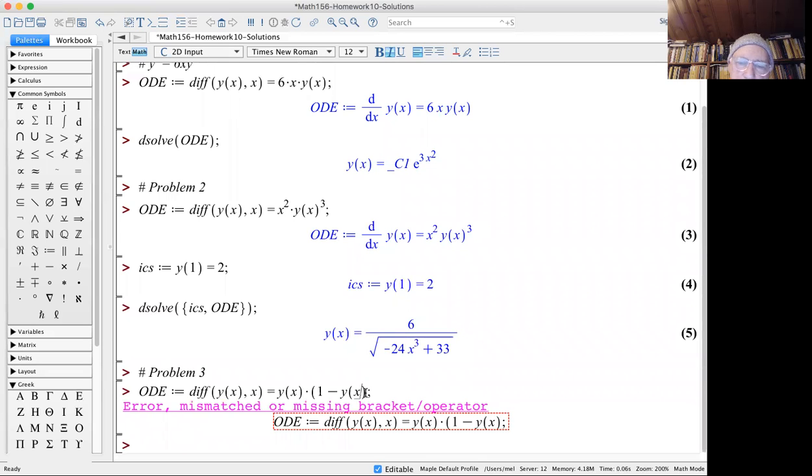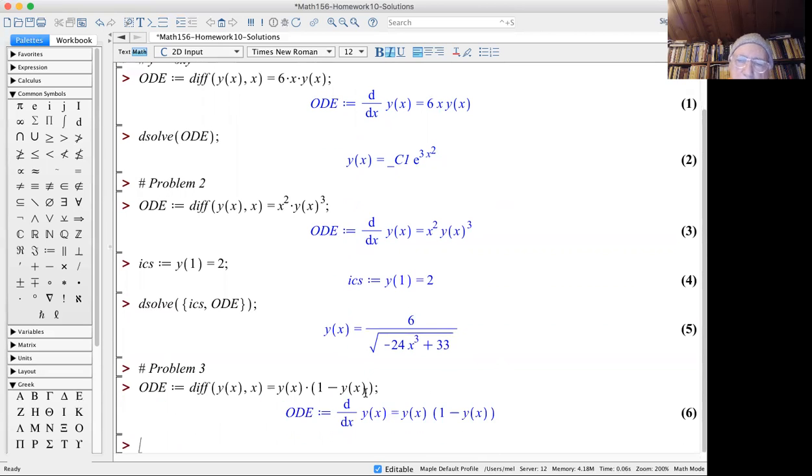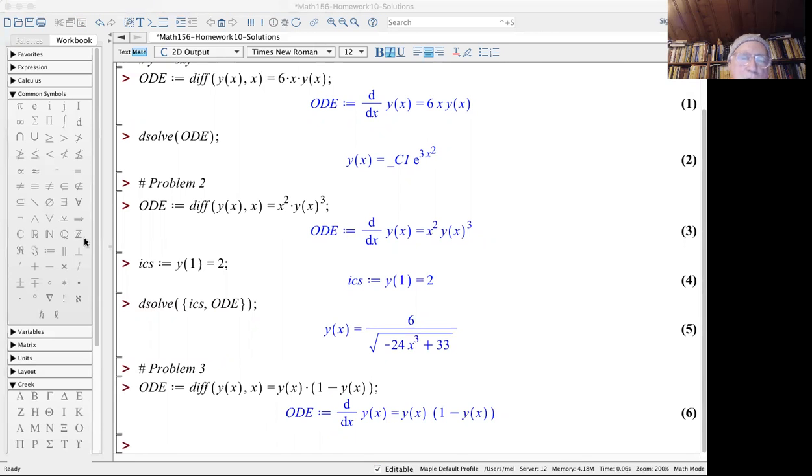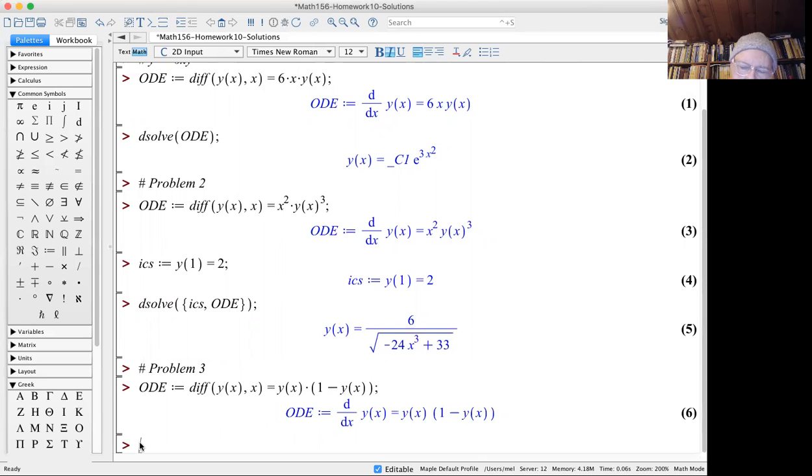Oops, we got a bracket. There we are. So y prime equals y times 1 minus y. And the initial condition is that y of 0 is equal to 0.2.